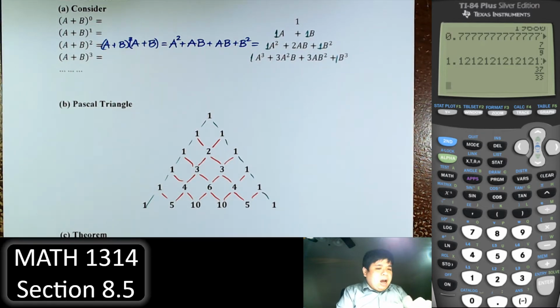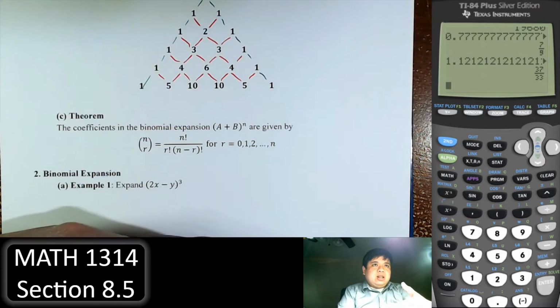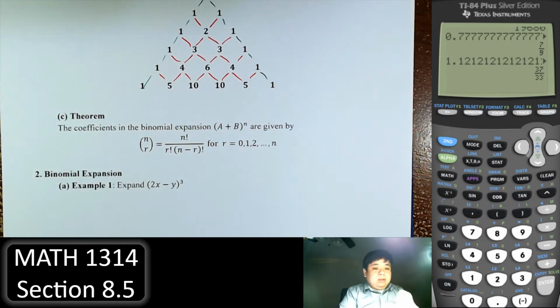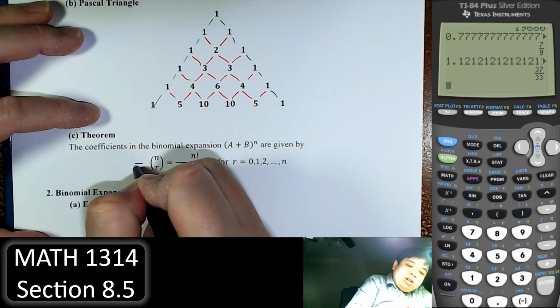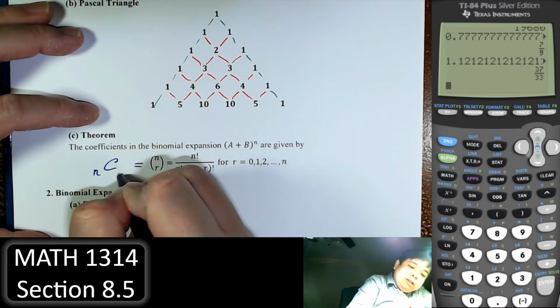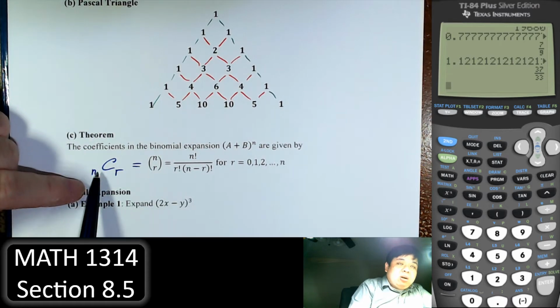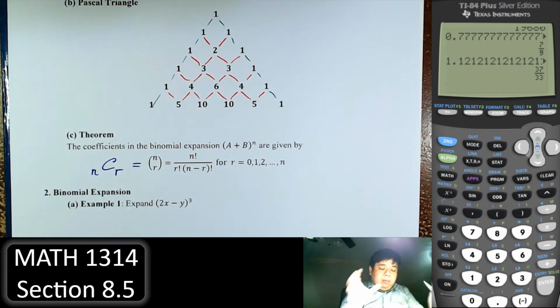By the way, Pascal's triangle is nice and all, but what if we want this on the 10th line? Well, then we have to use what we call the combination, n choose r.